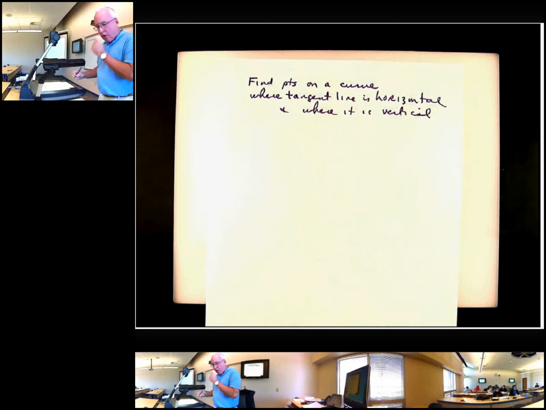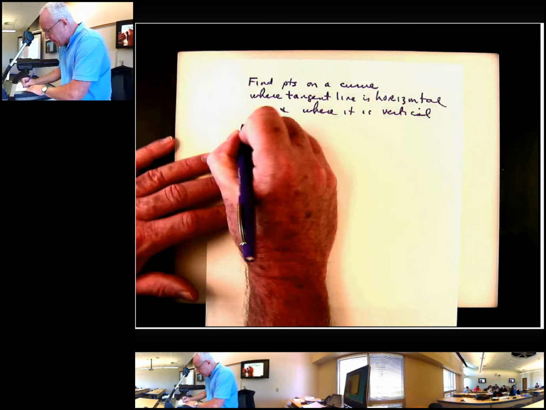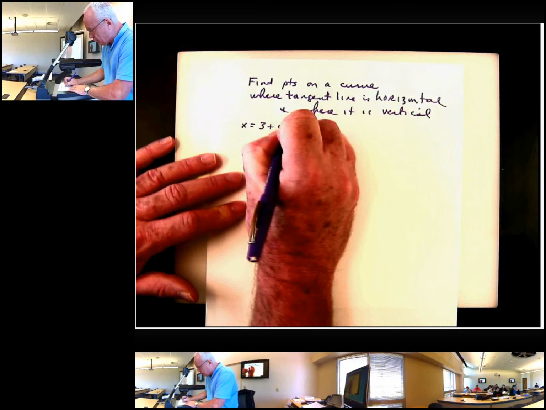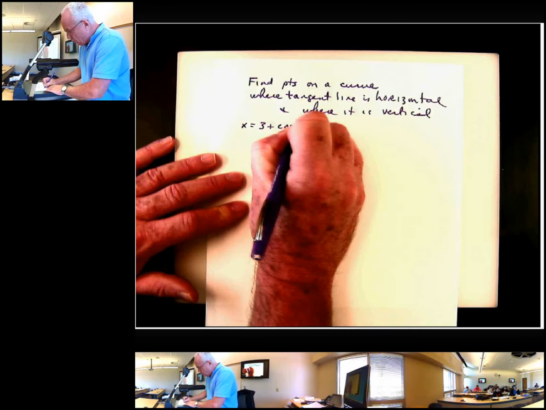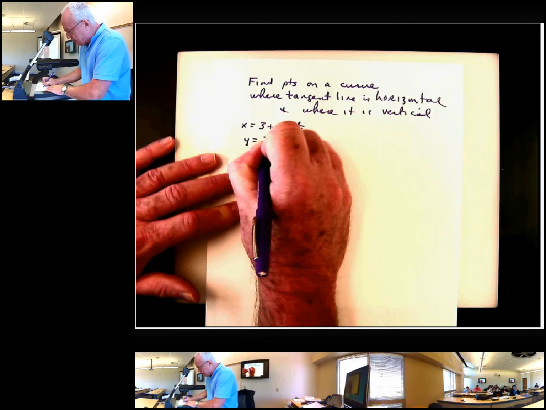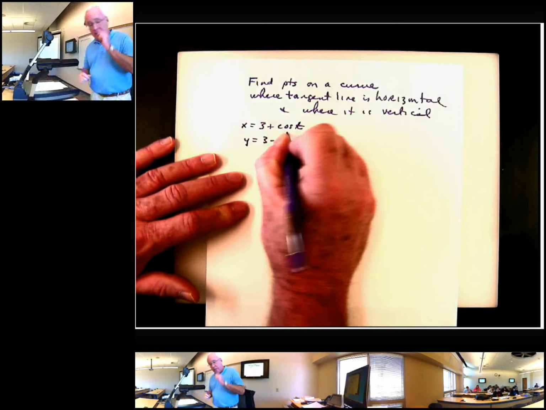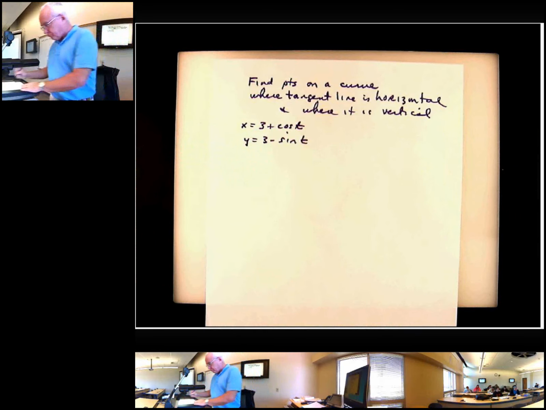The curve that we're given is x equals 3 plus the cosine of t, y equals 3 minus the sine of t. So this is a set of parametric equations.